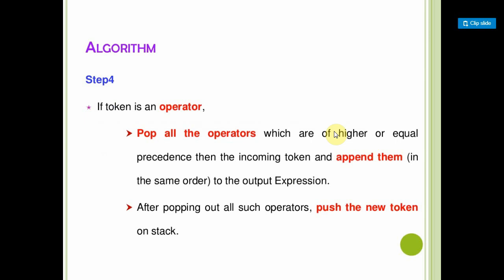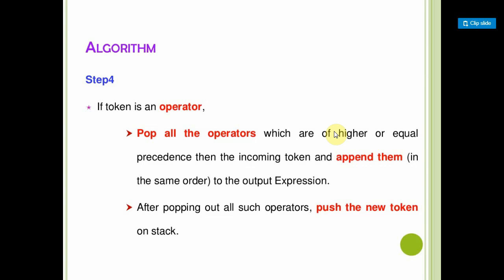Now, in the stack, whatever operators have greater than or equal priority compared with the input operator, you have to pop all of them one by one and append them to the postfix expression, which is also called the output expression, in the same order as they are in the stack. After popping such operators, you have to push the input operator into the stack. This is step 4.